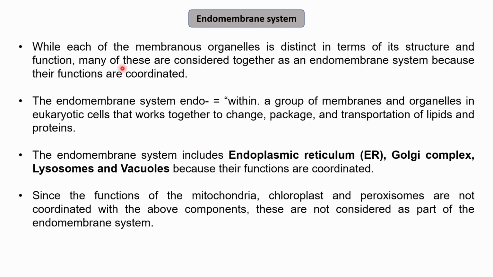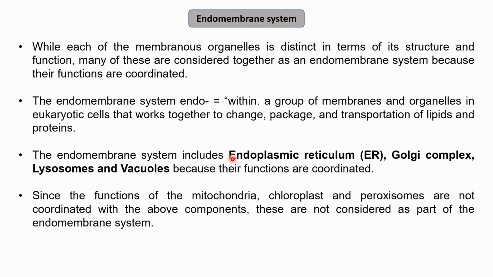While each of the membranous organelles is distinct in terms of its structure and function, many of these are considered together as an endomembrane system because of the functions they perform with the help of each other. The endomembrane system is made up of two words, where endo means within. It is a group of membranes and organelles in eukaryotic cells that work together to modify, package and transport materials like lipids and proteins in and out.